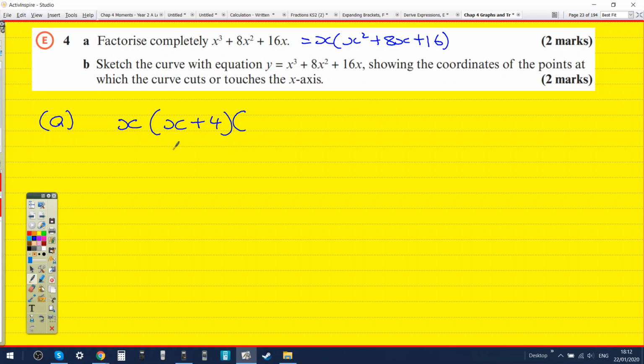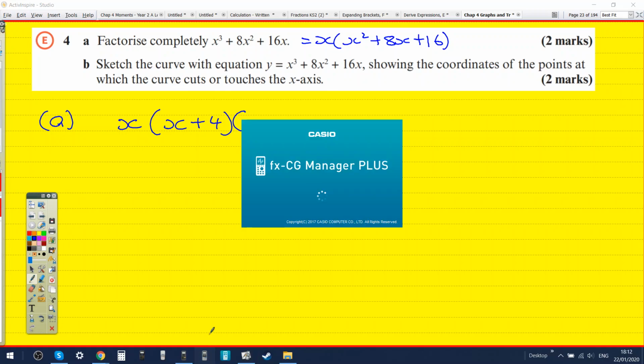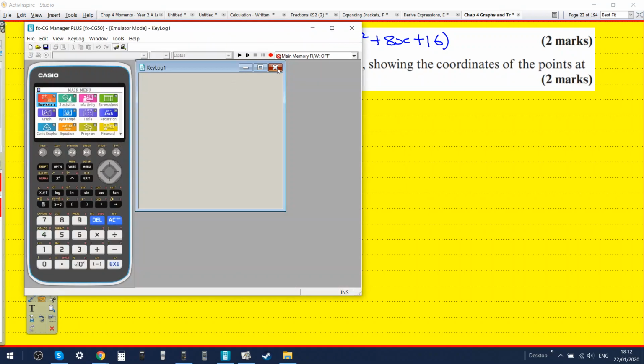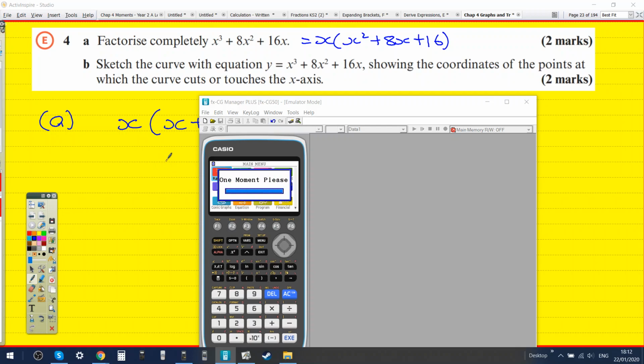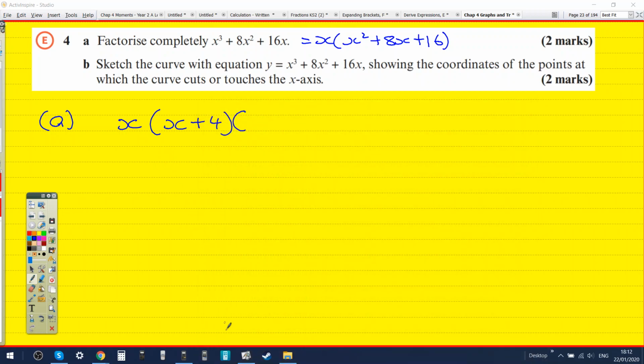How did you get x plus 1 or x minus 1? The calculator just told me that. For the cubic? Yeah. Did you put it in right? 1, 8, 16, and 0? Yeah. So it'd be x minus 1 because x equals 1.